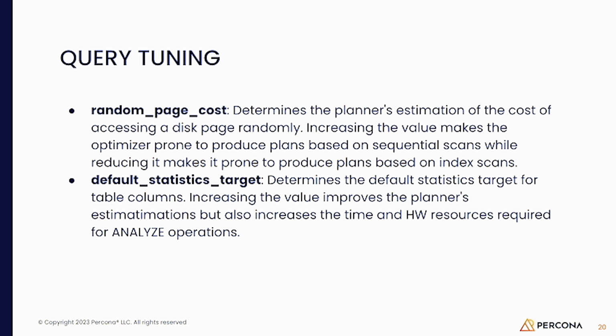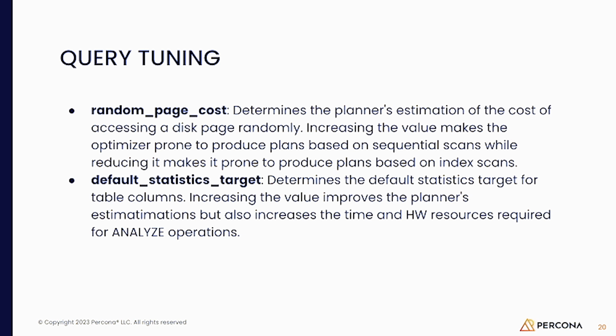So the standard value, the default value for the random page cost is 4, which is accurate for the spin disks because it's like a legacy default. But nowadays, most of the companies are moving to SSDs. That means that the latency is very low. There is almost no difference between a random page cost and a sequential page cost.